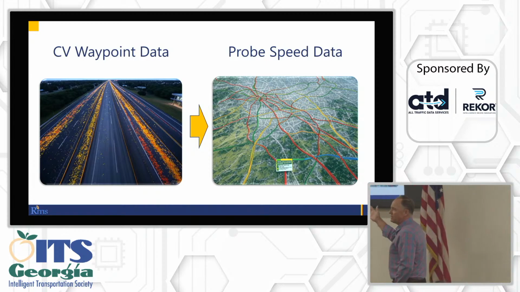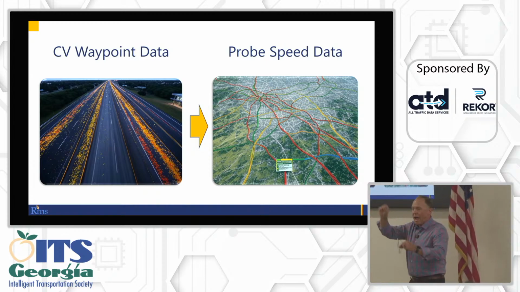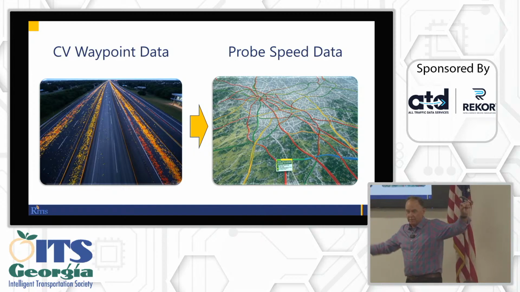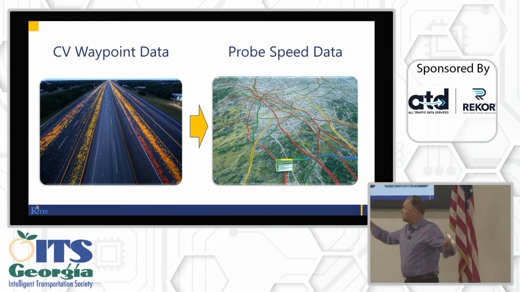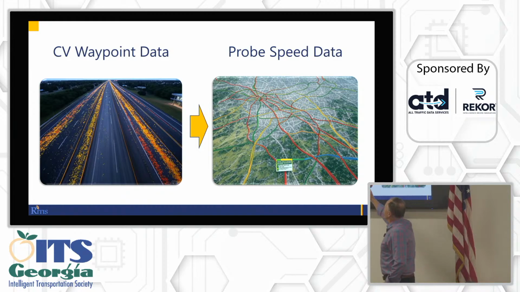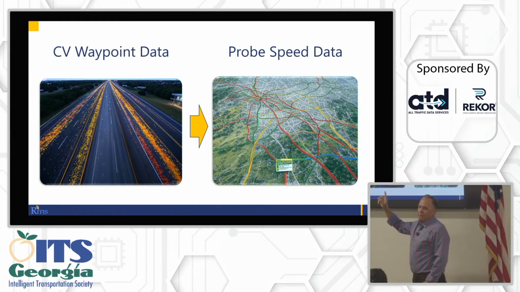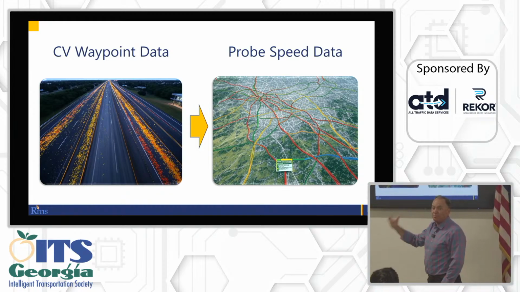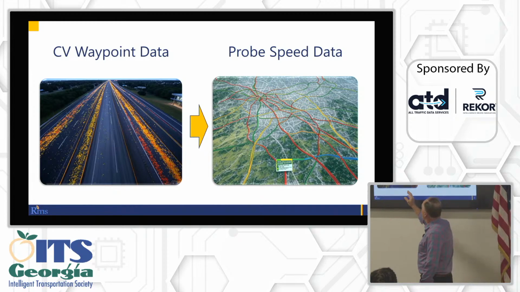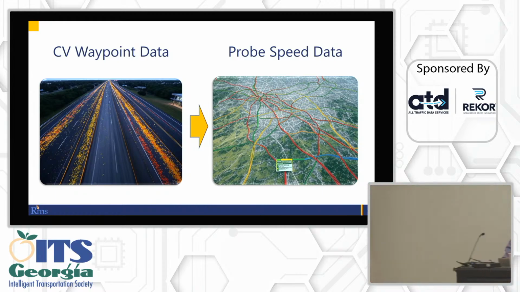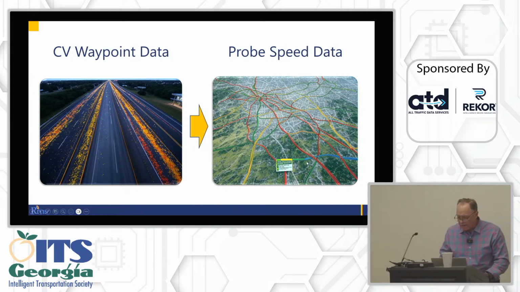Those waypoints, instead of being mapped to routes and trip segments or trip routes, they're dynamically being averaged, the speed of those waypoints on a segment of road, is being averaged through what's called harmonic mean.